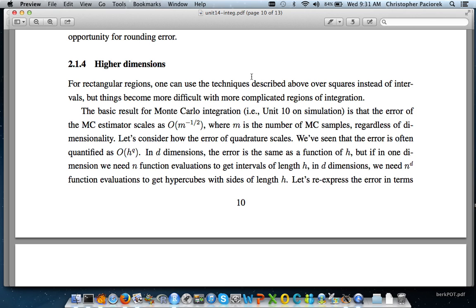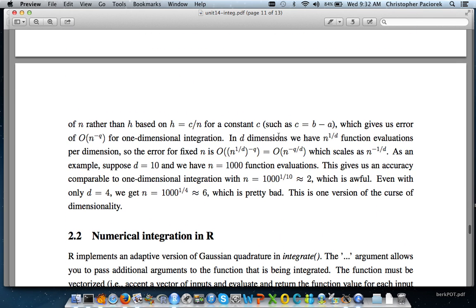In two dimensions I get n to the 1/2 to the minus q. In three dimensions I get n to the 1/3 to the minus q. And so things are getting progressively worse as I increase the dimensionality. And since we're working with these powers, it doesn't take very long for things to get really bad.